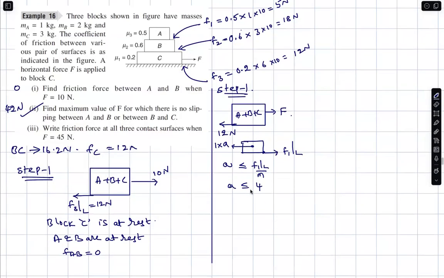Hold on, not yet completed. F minus 12 divided by our total mass put together, which is 6, is less than or equal to 4. F minus 12 is less than or equal to 24. F is less than or equal to 36 newtons.